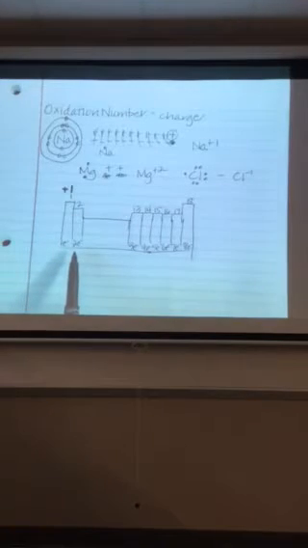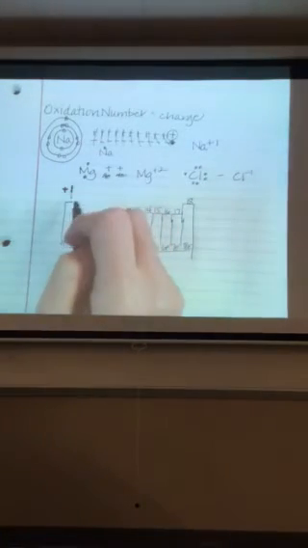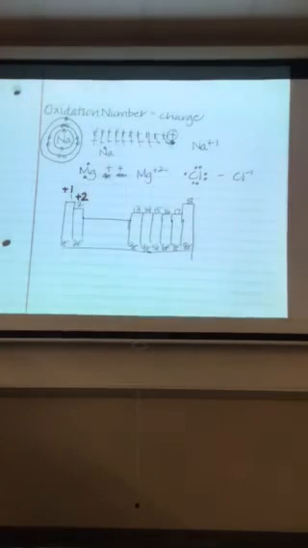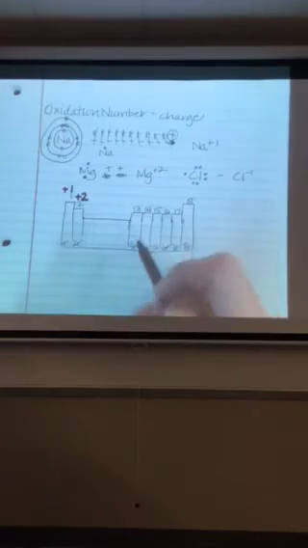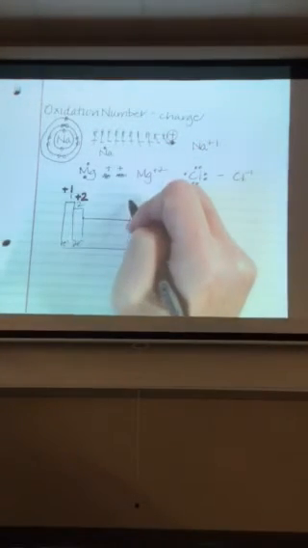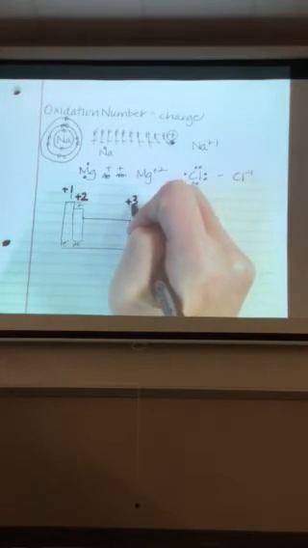Column 2 has 2 valence electrons. They're going to lose 2, which gives them a charge of +2. Column 13 has 3, so they're going to lose 3, giving them a charge of +3.